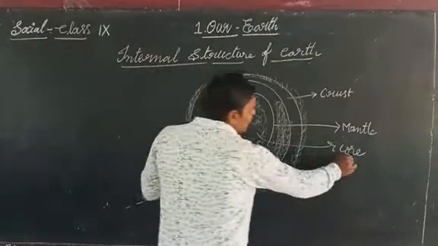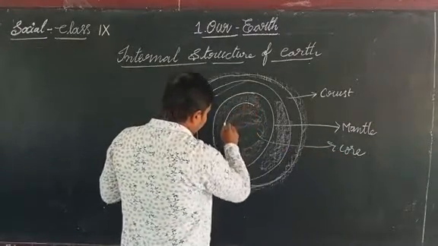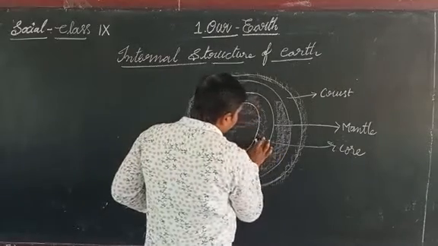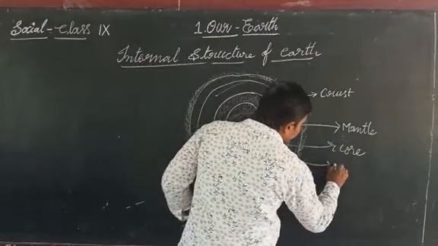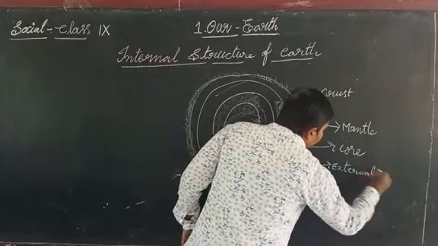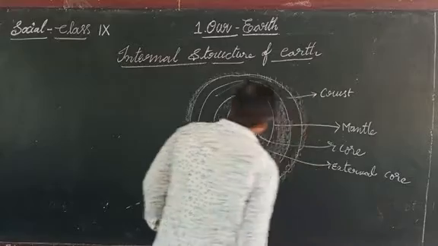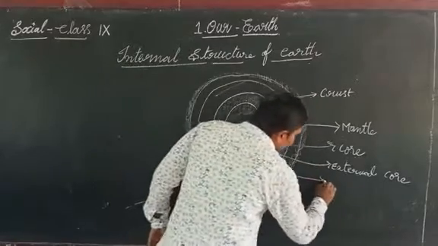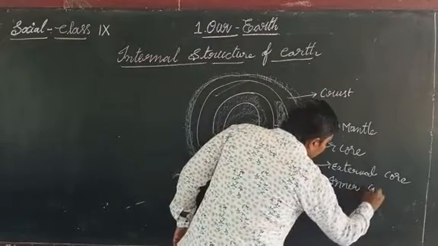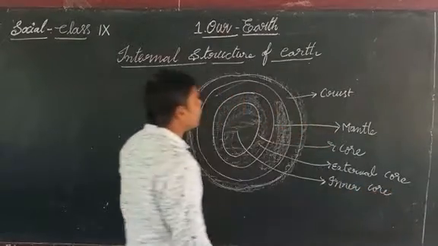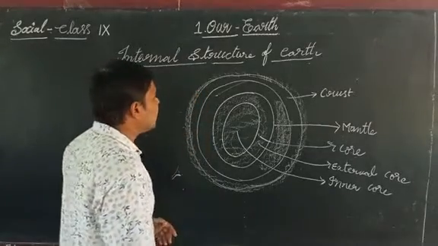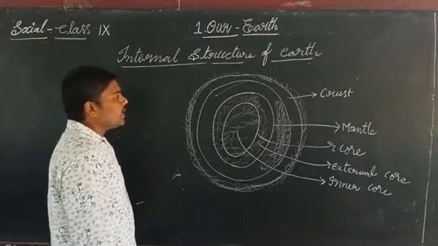Again, this core part is divided into two parts. This is the external core, and this inner part is called inner core. These are the different divisions which we can observe in the internal structure of the Earth.